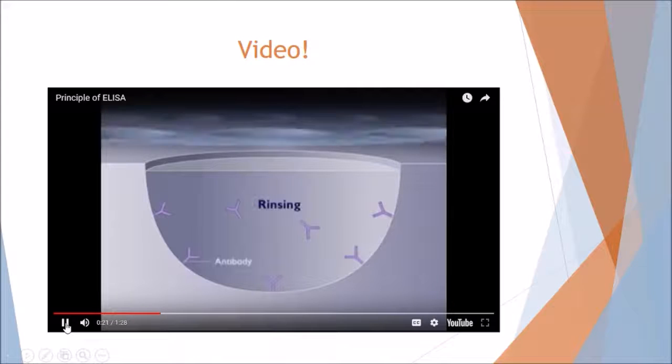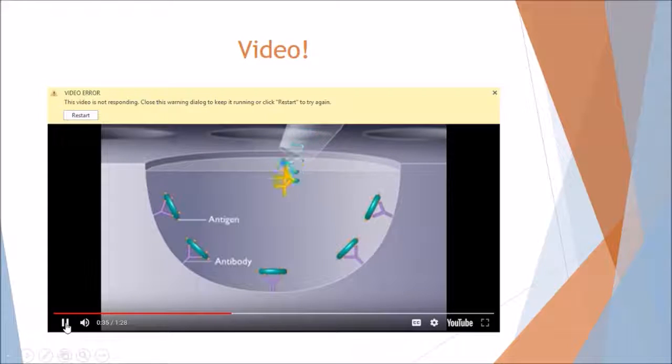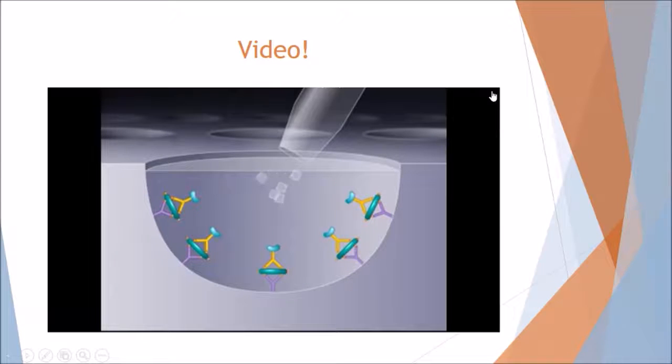After rinsing to remove excess antibody, the sample suspected of containing the antigen is added. Next, an enzyme-linked antibody that can react with the antigen is added. If antigen is present in the well, the enzyme-linked antibody binds to it and is retained. The colorless substrate for the enzyme is then added. Development of color indicates the presence of the antigen.